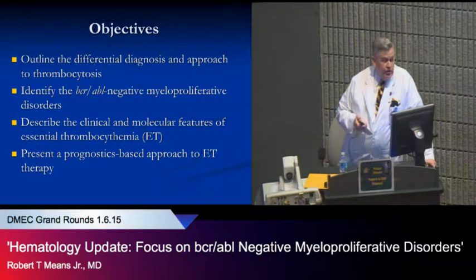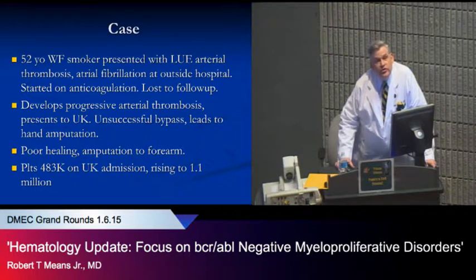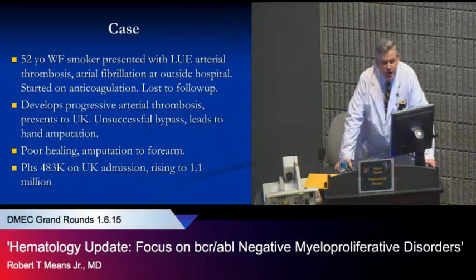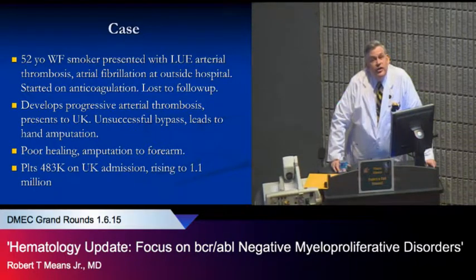But first, I'm going to start with the case. This is a patient that I was contacted about when I was at the University of Kentucky. I was sitting in my office one Friday afternoon, got a page from the physician's helpline that one of the extenders in the general internal medicine clinic was on the phone. She wanted to talk to me about a 52-year-old white lady who was a smoker who had presented with left upper extremity arterial thrombosis and atrial fibrillation at an outside hospital.